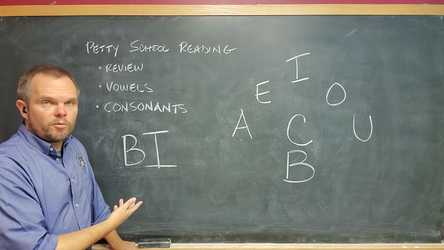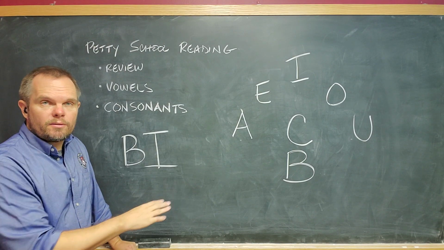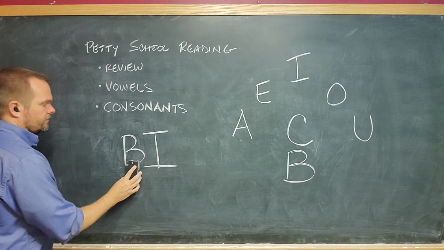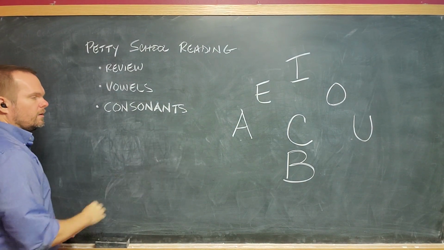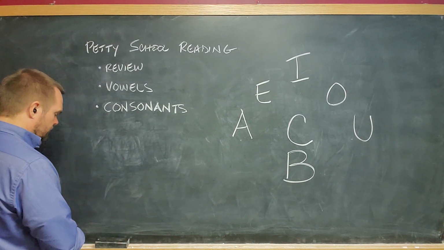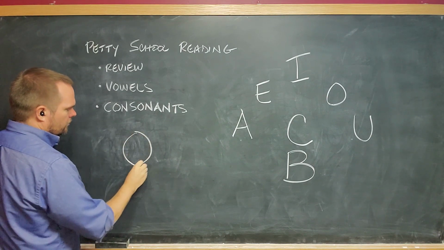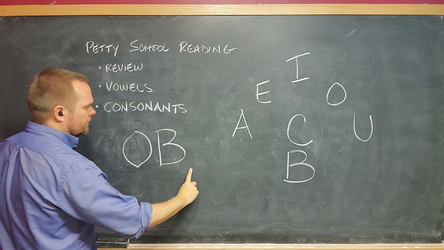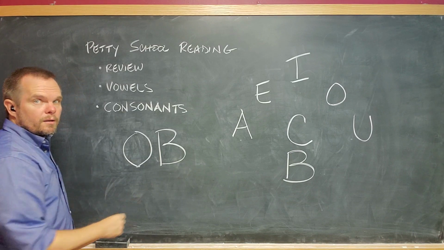We'll practice with a few more, but I want you to see if you can make the sound of the syllable before I tell you. Let's try another one. I'm going to write a syllable on the board, and I want you to read it. How do you read this syllable?